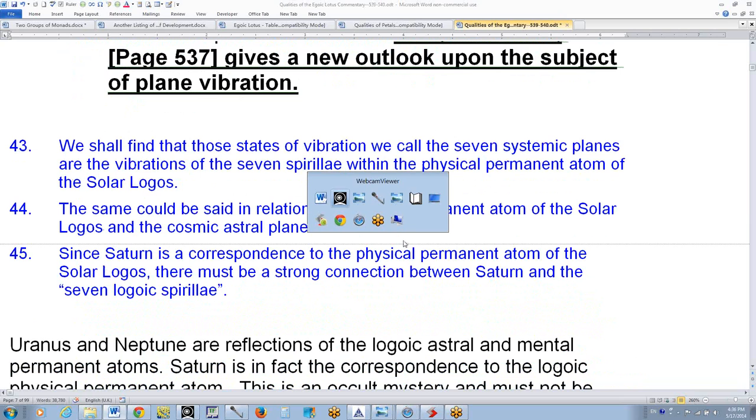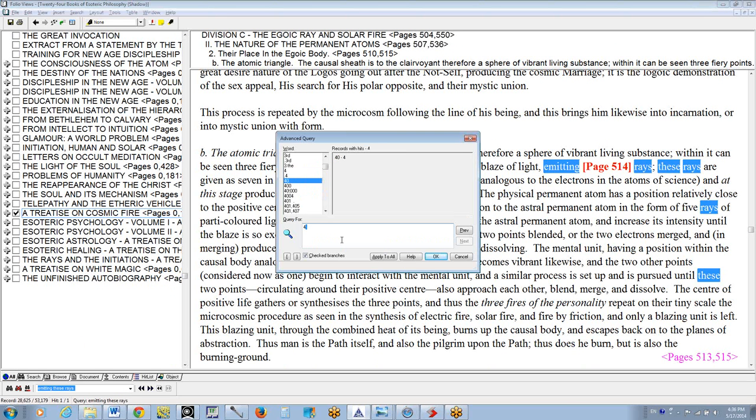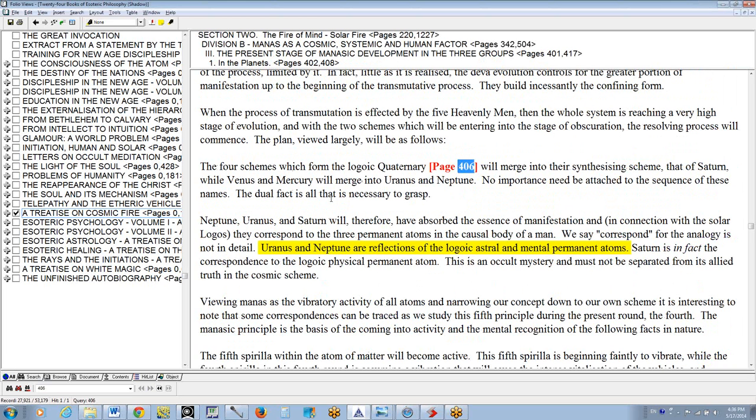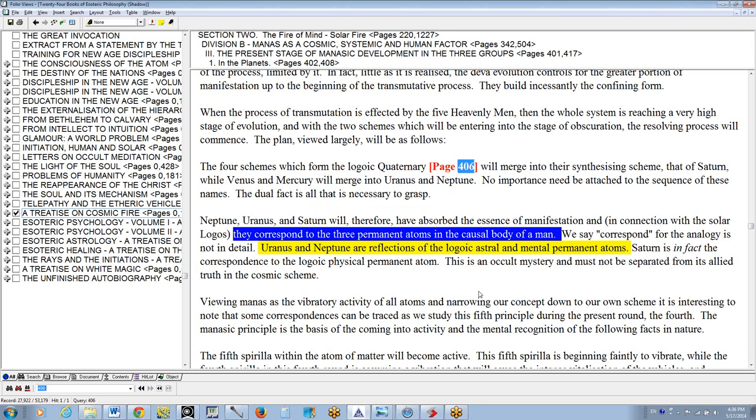I think I want to turn to this in Cosmic Fire, where he basically tells us about these three synthesizing planets. And he says here, Neptune, Uranus, and Saturn will therefore have absorbed the essence of manifestation, and in connection with the solar logos they correspond to the three permanent atoms of the causal body of man, if the mental unit, of course, is sometimes called a permanent atom.